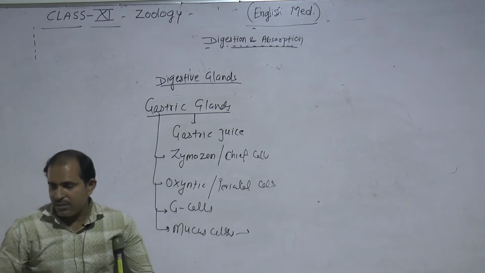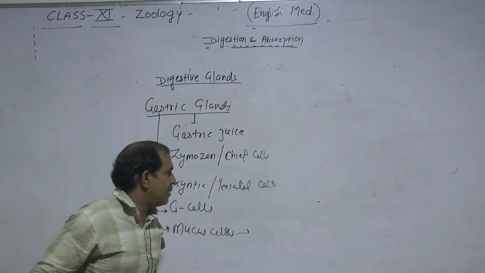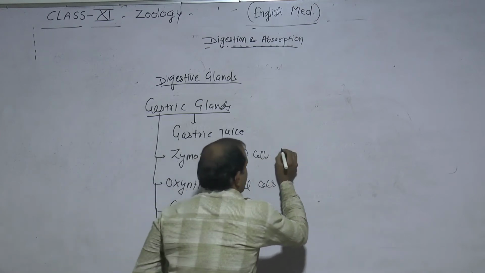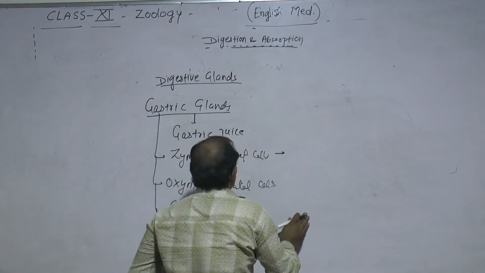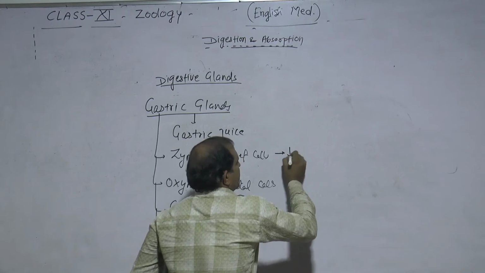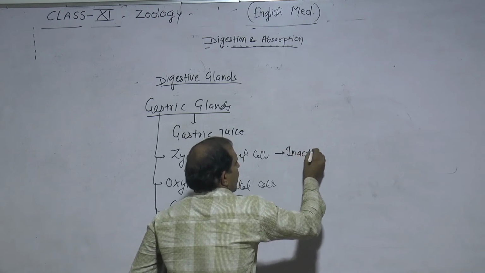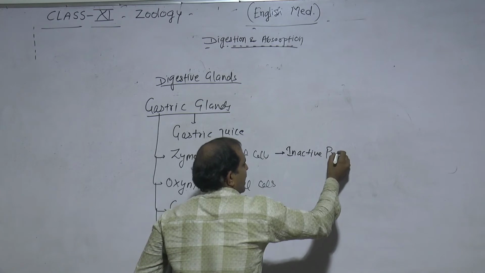And the secretions of these cells are: the zymogen cells, or chief cells, secrete inactive proteolytic enzymes.